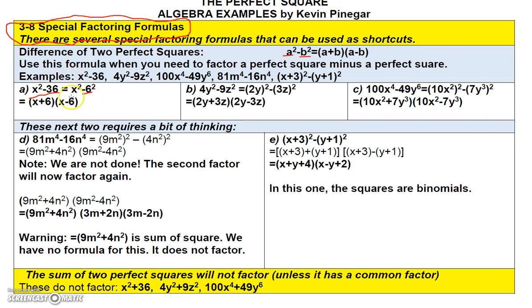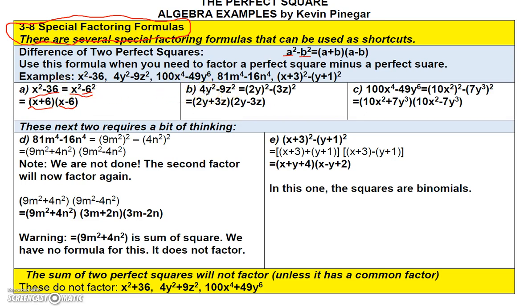This is going to factor into the square root of x squared, which is x, plus the square root of 36, which is 6, times the square root of x squared, which is x, minus the square root of 36, which is 6. So again, I find it helpful. You may not have to write this out, but if you can mentally think of it, what is squared to give 36, then that'll help you get the answer.